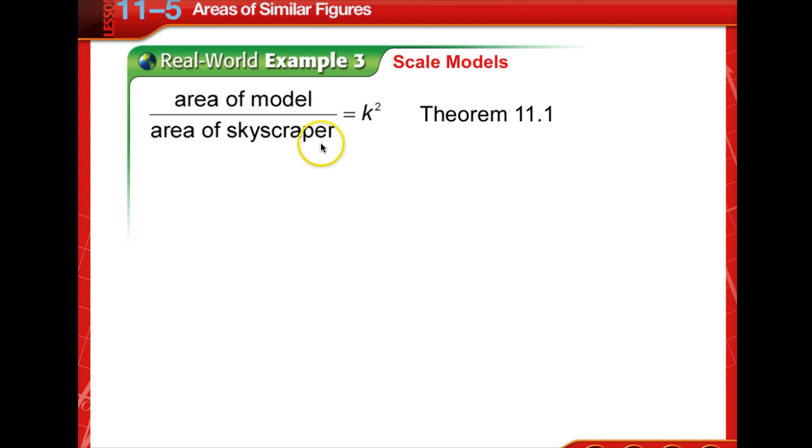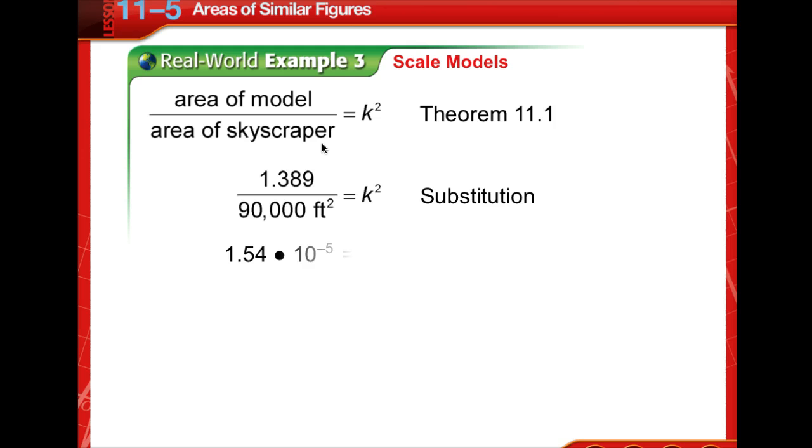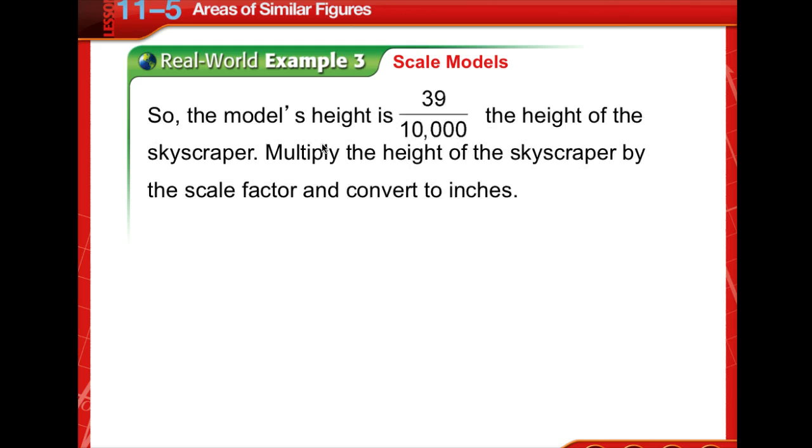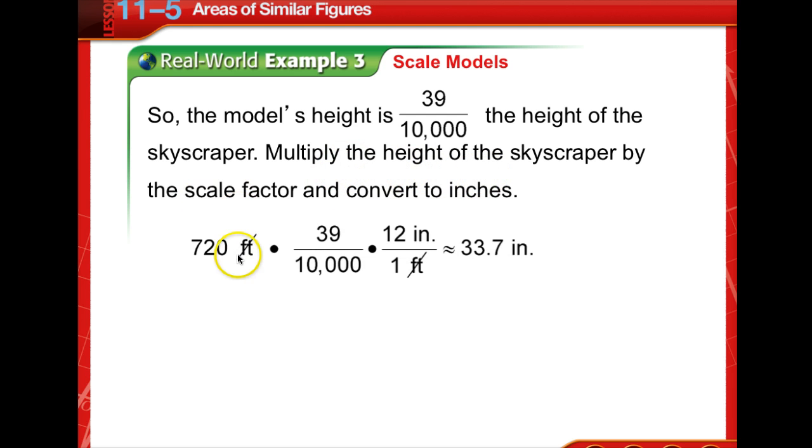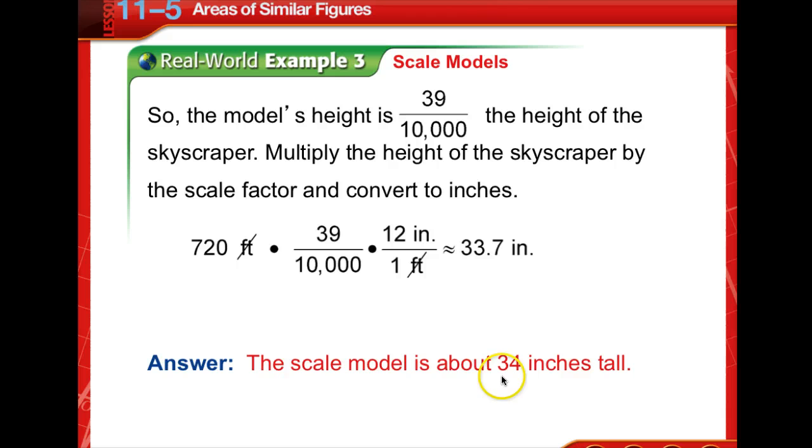So we've got the area of the model to the area of the skyscraper equals K squared. Simplify using a calculator and take the square root. So the model's height is 39 over 10,000 the height of the skyscraper. So now we're going to multiply the height of the skyscraper by the scale factor and convert to inches. So the scale model is about 34 inches tall.